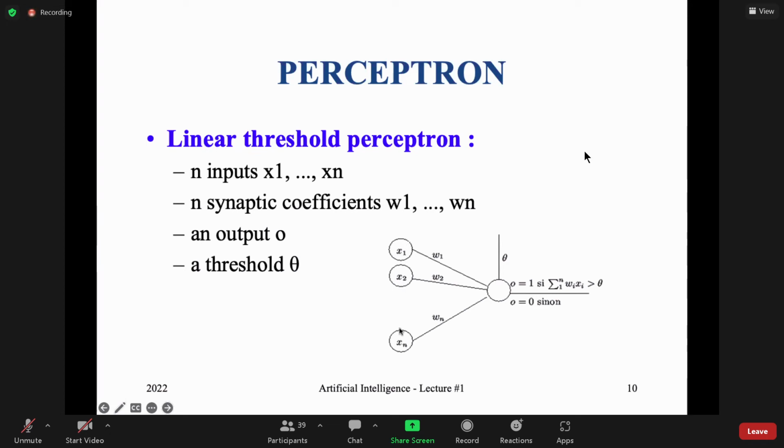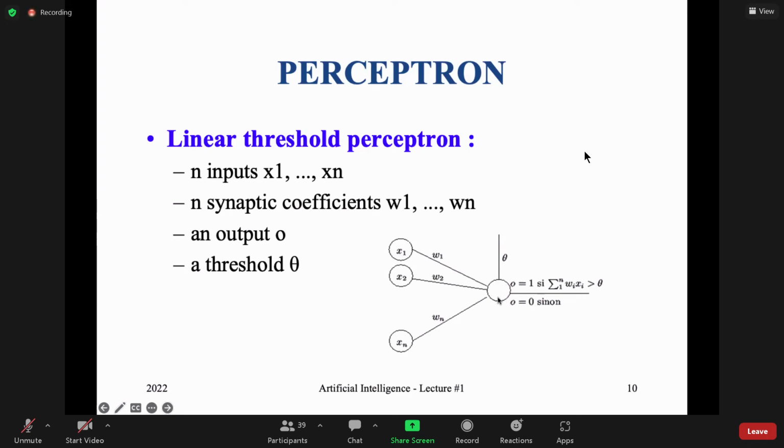But generally, we have more than two features. We have a lot of features, as I explained before. So what we do, in fact, is send each input element to the same neuron.